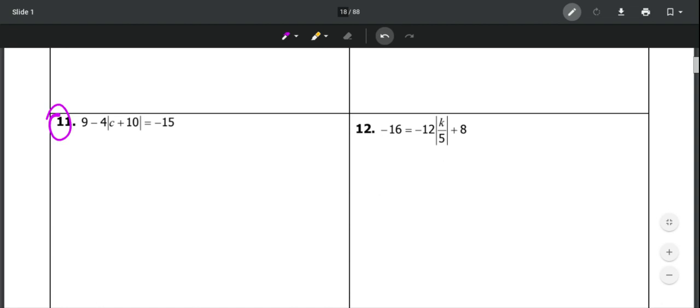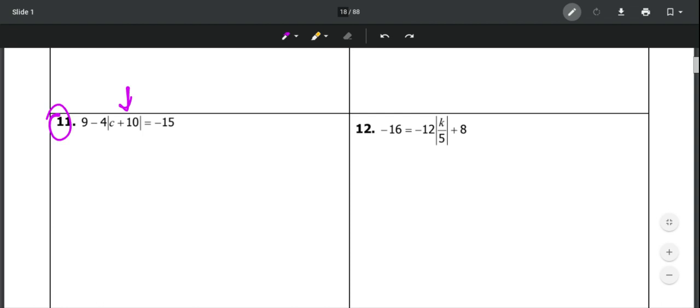So anyway, we're going to look at our absolute value. It's not isolated because we have this 4 here that's multiplied by it, and we have this 9 here that is subtracted. Now, you need to get rid of this 9 before you do anything to the 4 that is attached to this absolute value sign, because if not, it'll make things a lot more tricky.